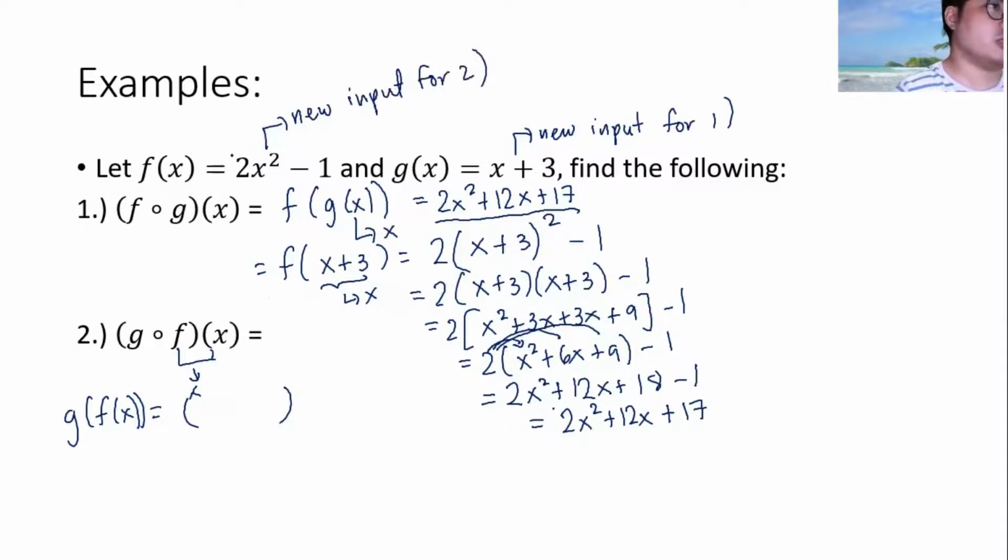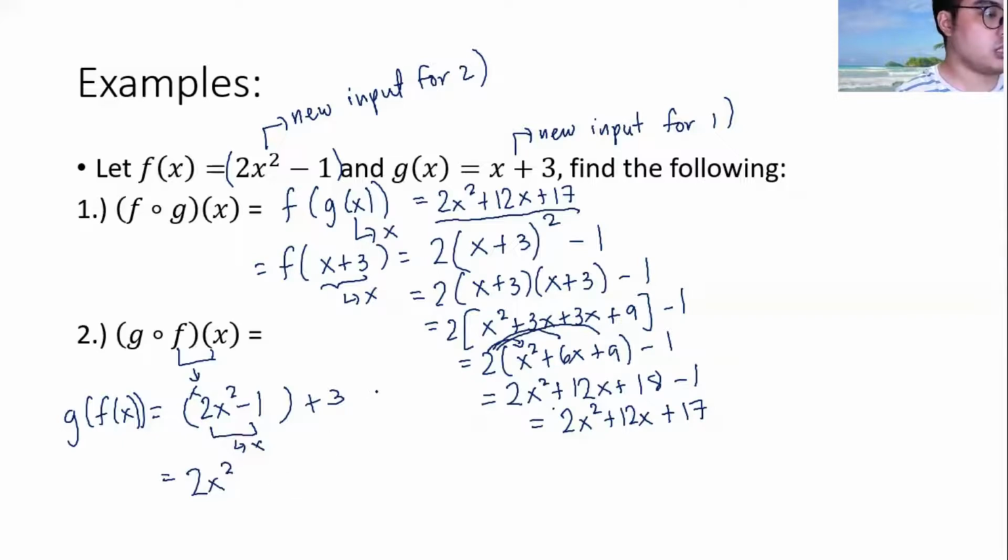This is your new value of x. So this will be 2x squared minus 1 plus 3. This is your independent variable. You're just going to combine like terms.